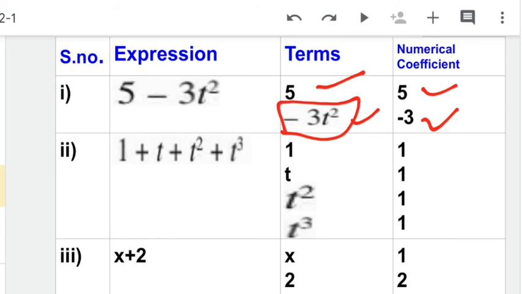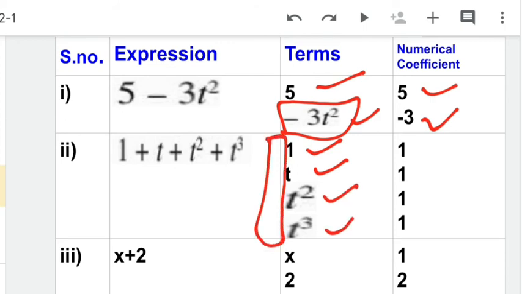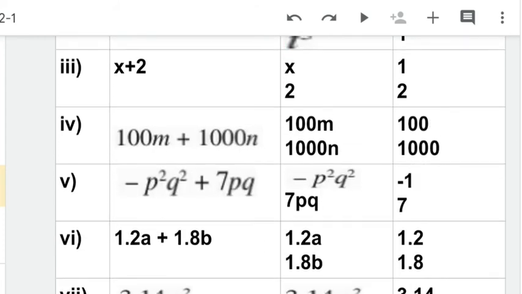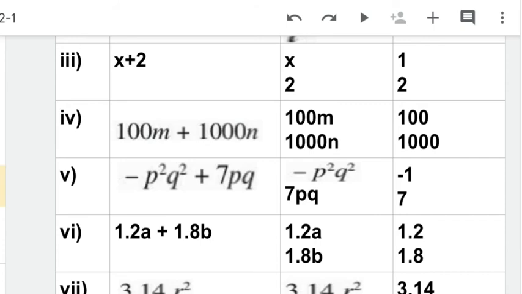In the second expression we have 4 terms: 1, t, t square and t cube. For all these the numerical coefficient is 1. Similarly, in the third part we have 2 terms, x and 2. The numerical coefficient for x is 1 and for 2 is 2. As 2 is a constant only, we can leave it.